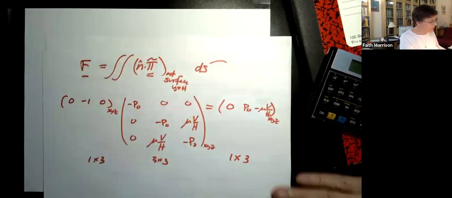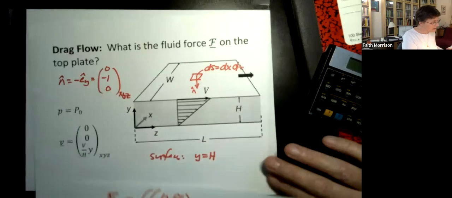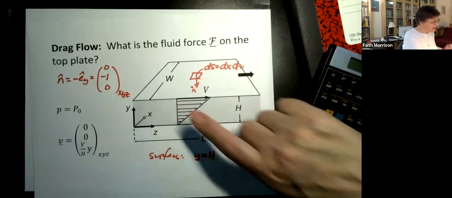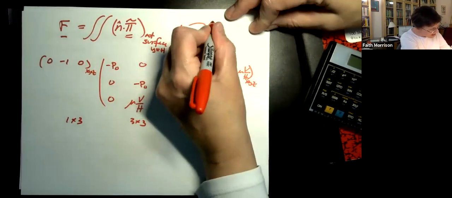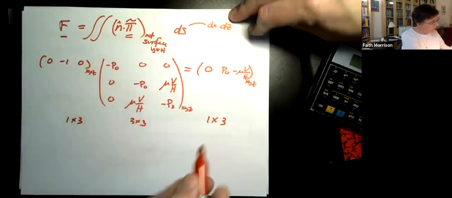dS, we said, was dx dz. It's an xz plane. And we have the limits.